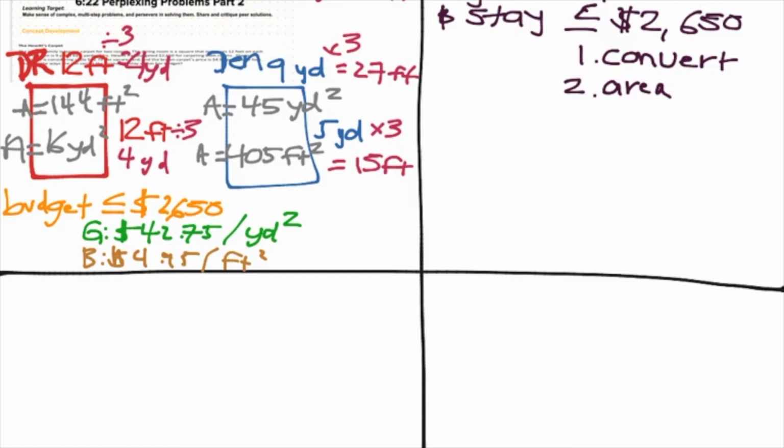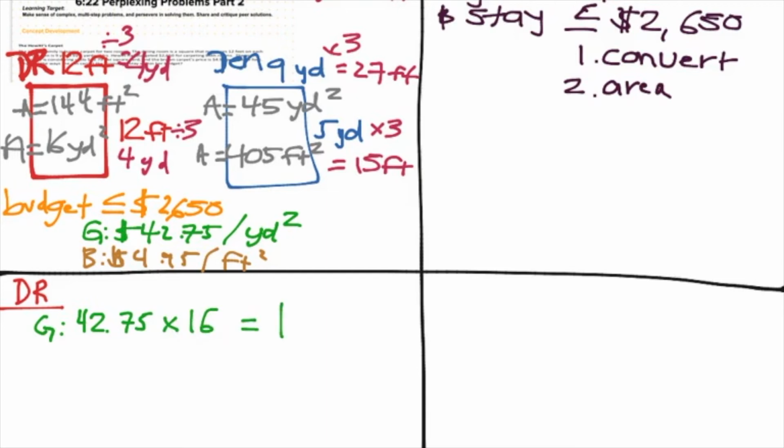If I'm thinking dining room, we're going to start with the dining room first. DR for dining room. If I were to use the green carpet, I know that the green carpet costs $42.75 per square yard. Well, how many square yards do I have? I'm thinking yards. I have 16.